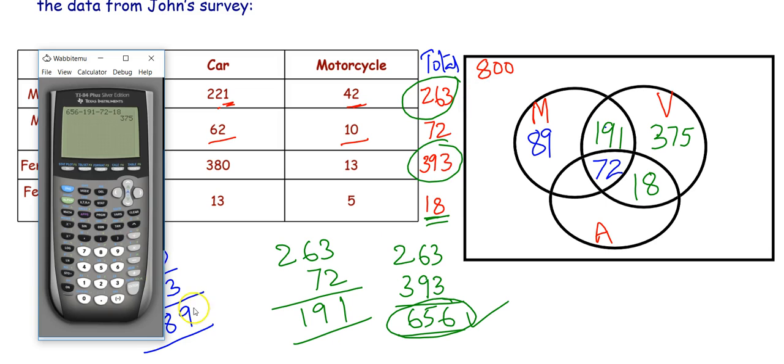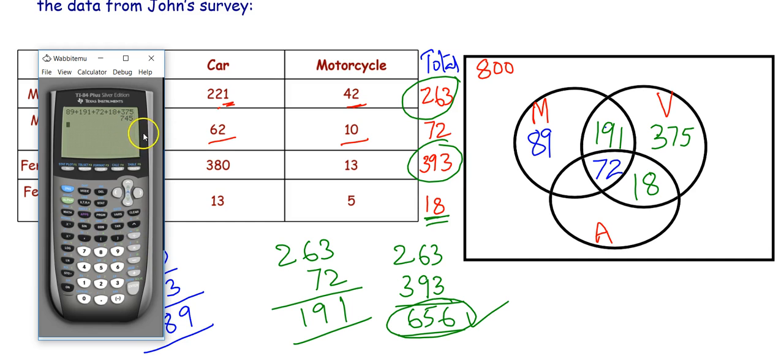Let us do that. We have here 89, let me add plus 191 plus 72 plus 18, add 375.